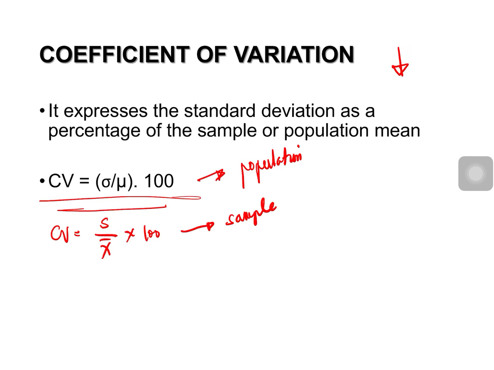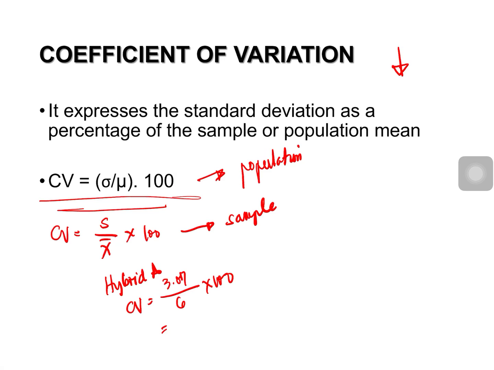And let us compute the coefficient of variation of the two roses. For hybrid A, what is our coefficient of variation? The standard deviation for hybrid A is 3.07 divided by the mean of 6 times 100.